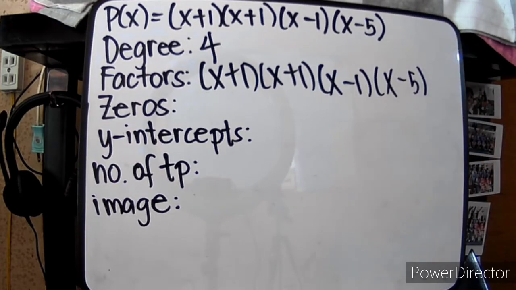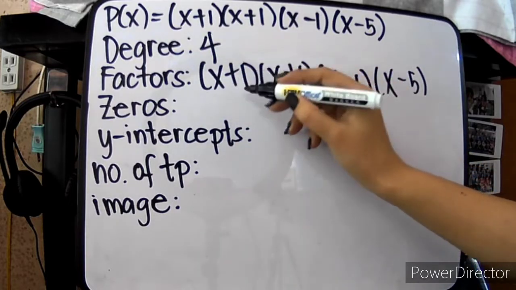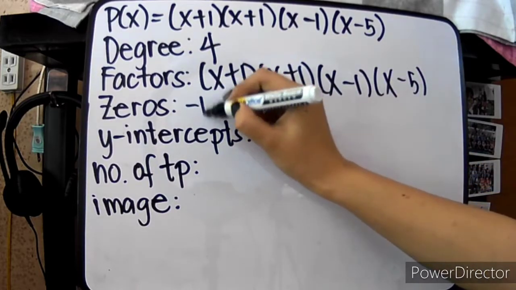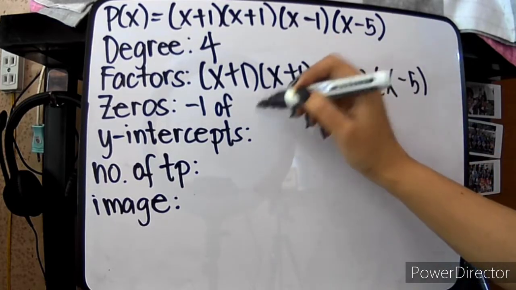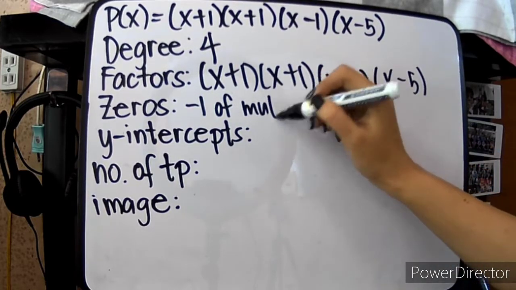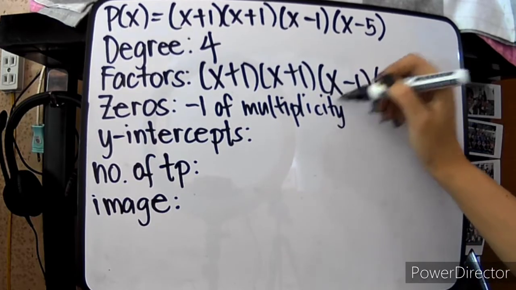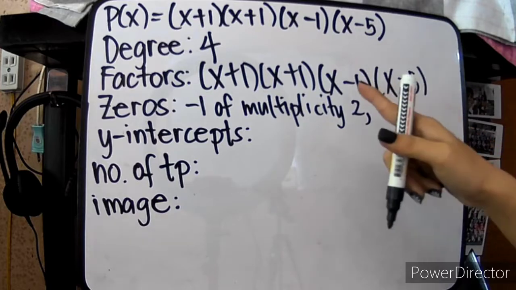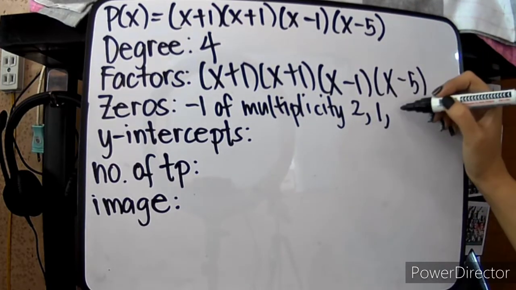And then, zeros, so let's just find the value of our x. Ito pag tinranspose is -1, ito pag tinranspose negative 1 ulit. So, it is -1 of multiplicity 2, kasi dalawang beses. And then ito pag transpose is +1, pag transpose nito is +5.